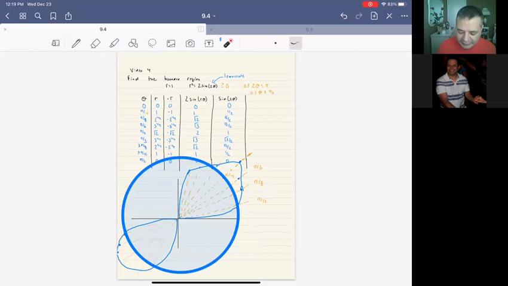Okay, so what does that mean we're finding? We're actually finding this region. And actually, it's two of those, right? Okay, so let's go to a new page.